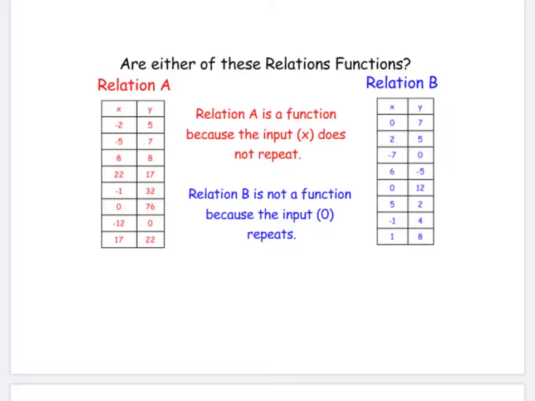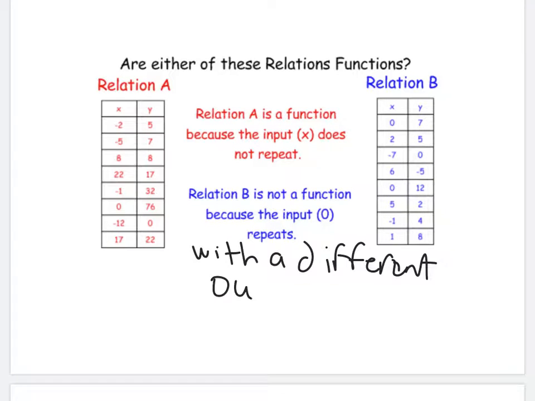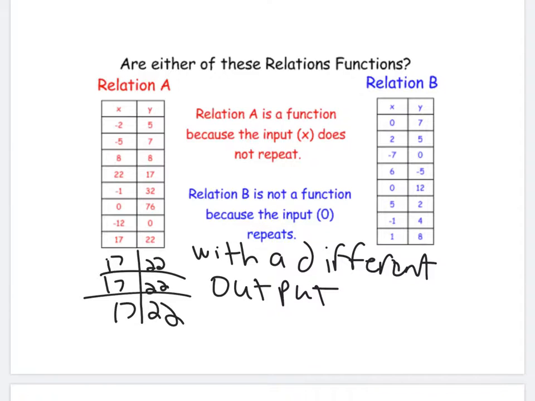And I'm going to add something here. I'm going to add not just repeats, but it repeats with a different output. Because in this one, I could have (17, 22) a whole bunch more times and have it still be a function because the input can repeat, but the output has to be the same thing.